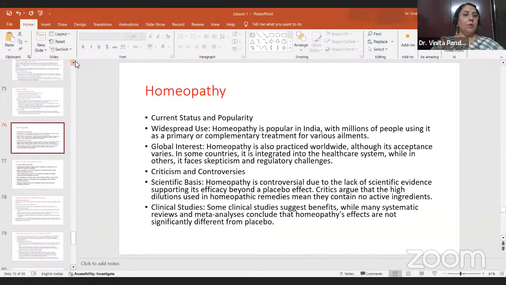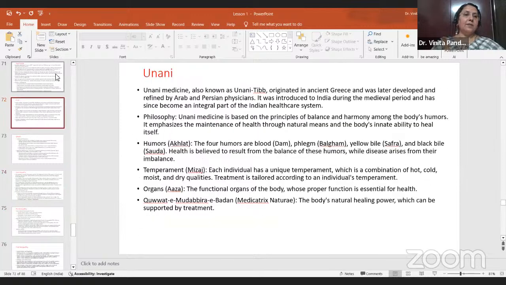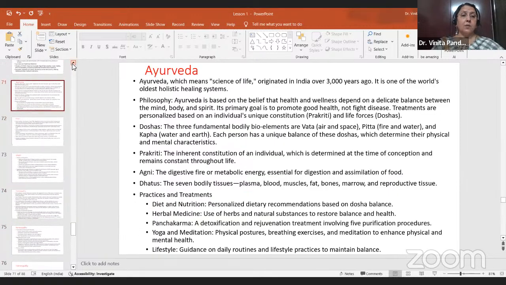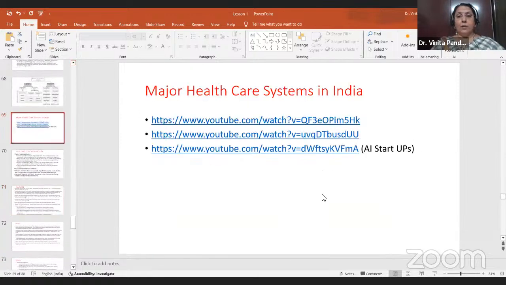Now, I also thought that because we are in an online class, we have a lot of opportunity to verify online sources also. So, I will show you a few short videos as well, which will help you to gain an understanding of how artificial intelligence is also being introduced in the healthcare system in India and how this kind of innovation.